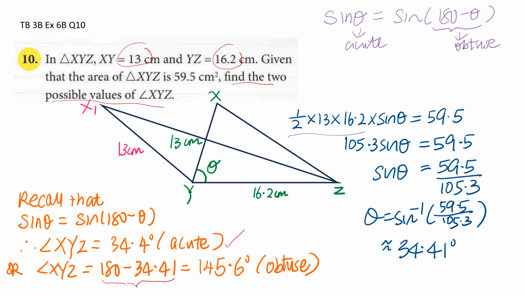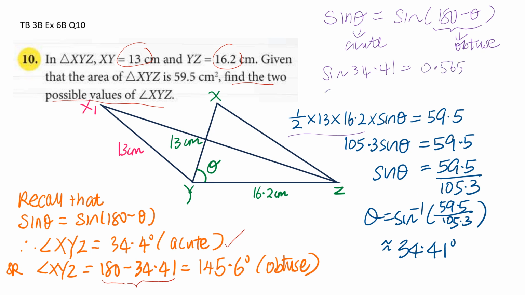So in other words, sine 34.41, if you work out this answer, to three significant figures is 0.565.